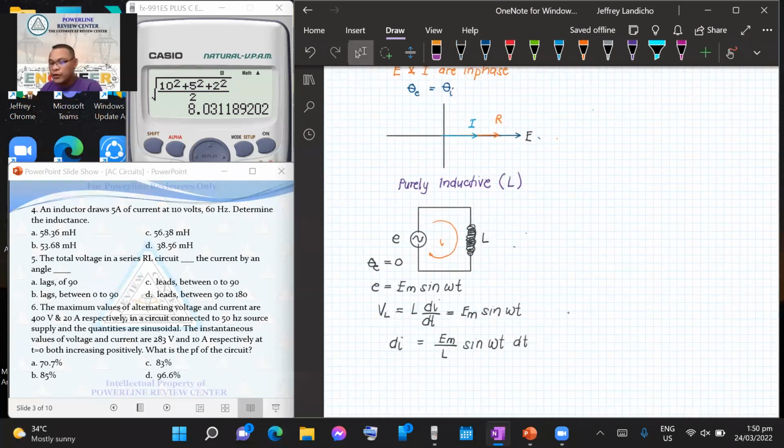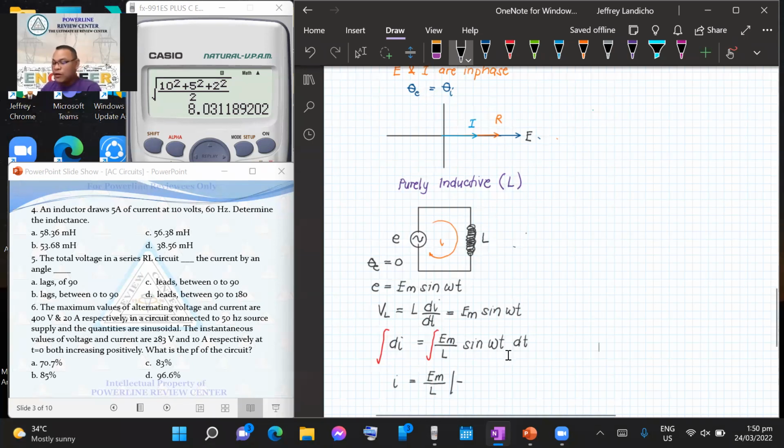So therefore, to get now the corresponding current, applyan natin ng konting mathematics. You have to integrate both sides. Anong makikita natin? That the given current, it is equal to E sub m over L, integral of sine. So dating sine, gagawin mo lang cosine. Kaya lang, ano siya? Negative.